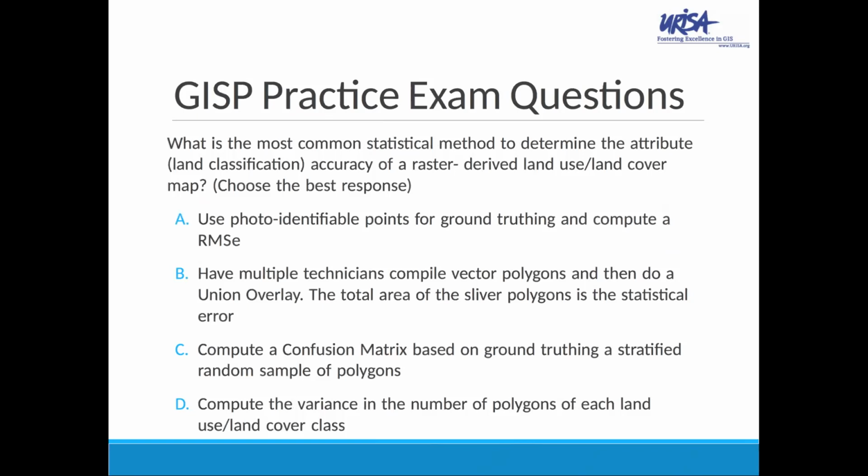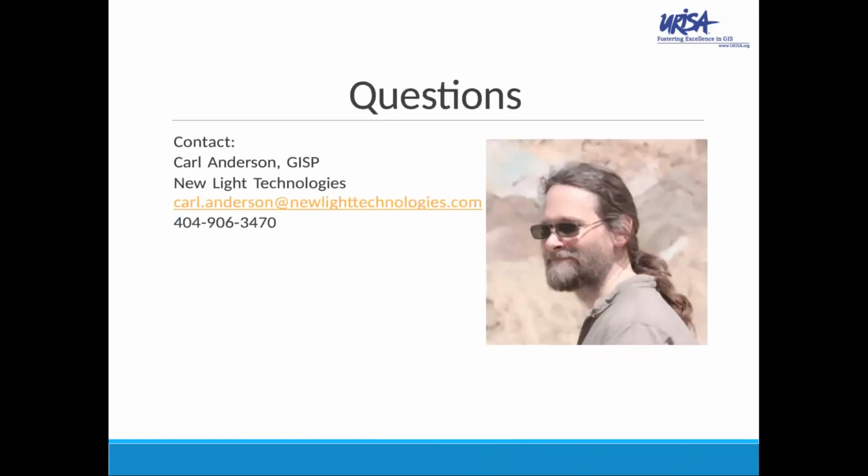So that would be the horizontal accuracy, not the attribute accuracy. The next one, a confusion matrix, tells you how often you're right and how often you're wrong within a subset of the samples of the data. And that's the correct answer for the set.